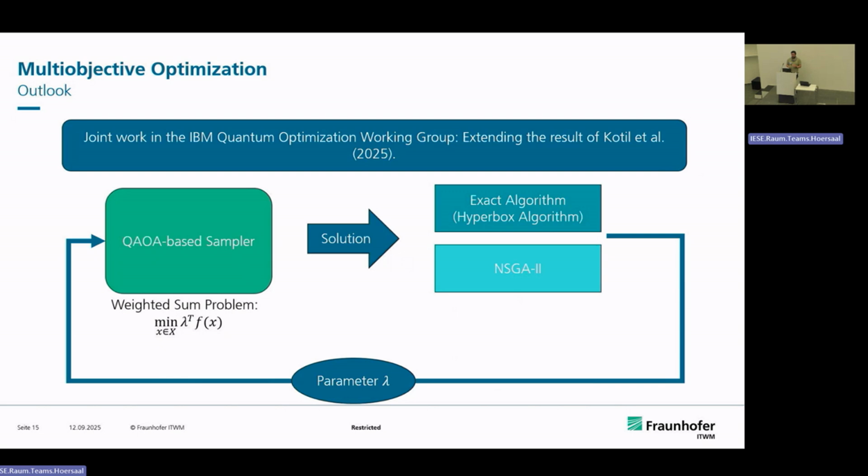But also we try to use the exact algorithm and NSGA2 as the somewhat steering part that gives the QAA-based sampler the correct weighted sum parameter lambda to steer it in the proper direction where it should sample. And this is what we are currently doing now, and we hope that we have some really great results soonish.